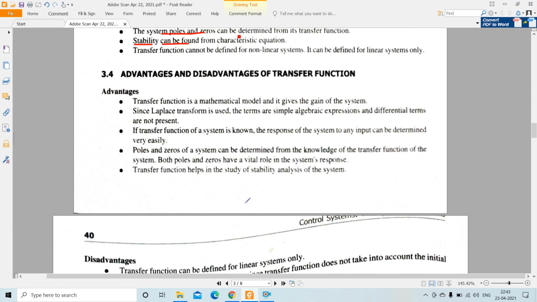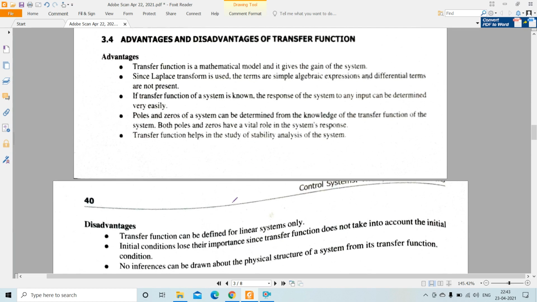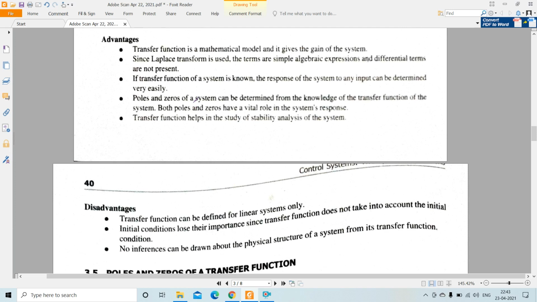These are the advantages and disadvantages of transfer function. What are the advantages? The transfer function is a mathematical model and gives the gain of the system. Since the Laplace transform is used, the terms are simple algebraic and differential terms are not present. If the transfer function of a system is known, the response of the system to any input can be determined very easily.